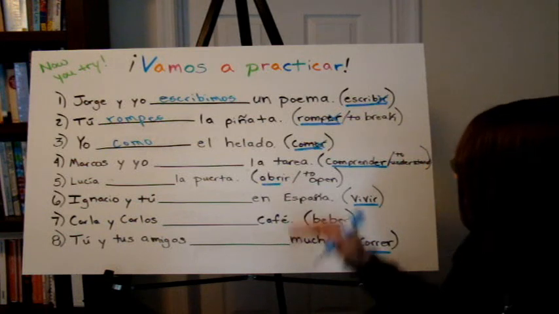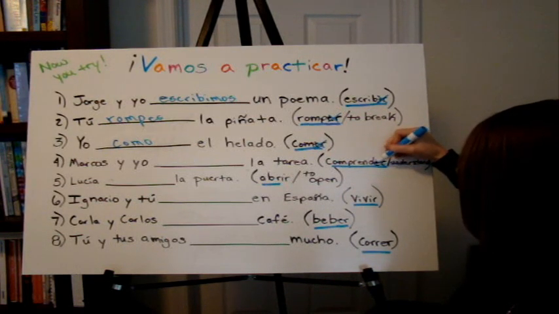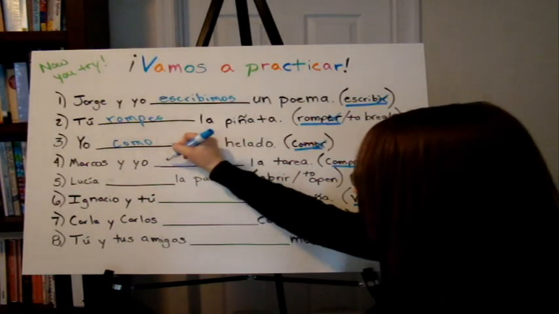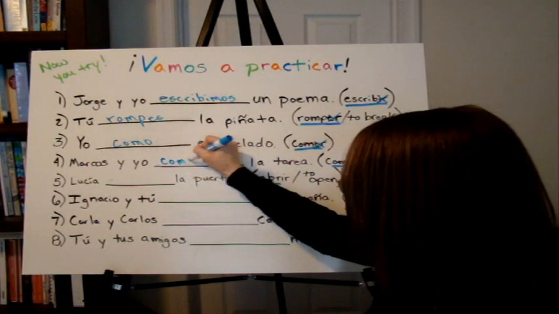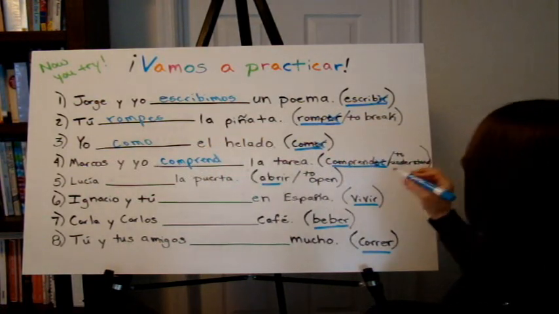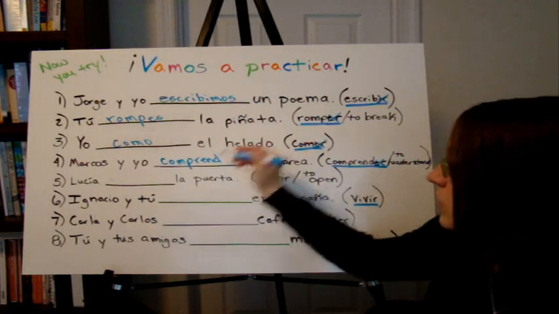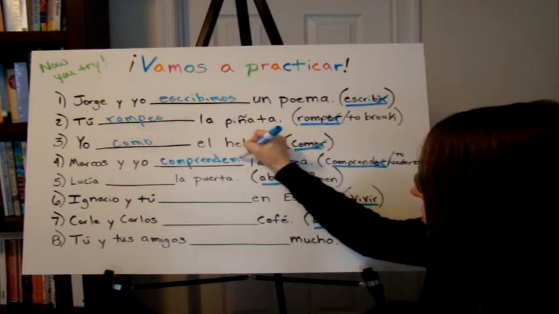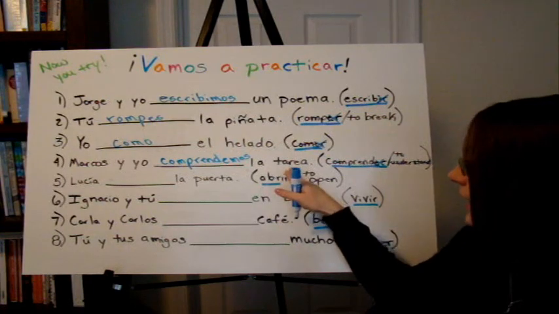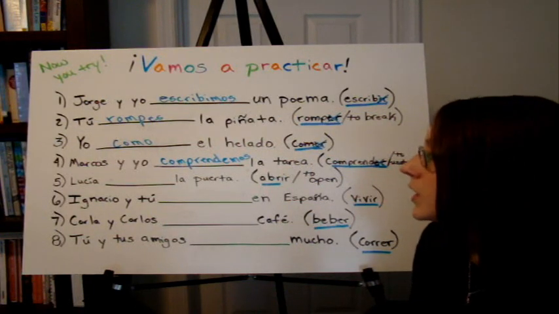Marcos y yo, comprender, which means to understand. La tarea. So this is an ER verb. So instead of having imos, since this is still the we form, we're going to say emos this time. Comprendemos la tarea. Marcus and I understand the homework, which is always helpful.